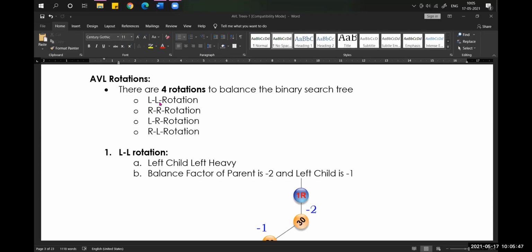So LL means left left rotation, RR means right right rotation, LR means left right rotation, and RL means right left rotation. When I give the example, you can easily understand when you have to follow these types of rotation.